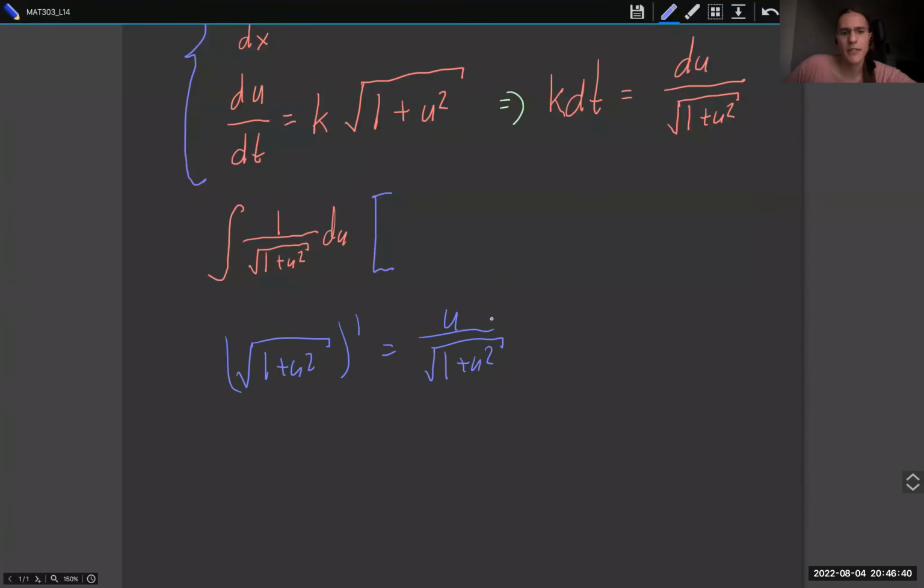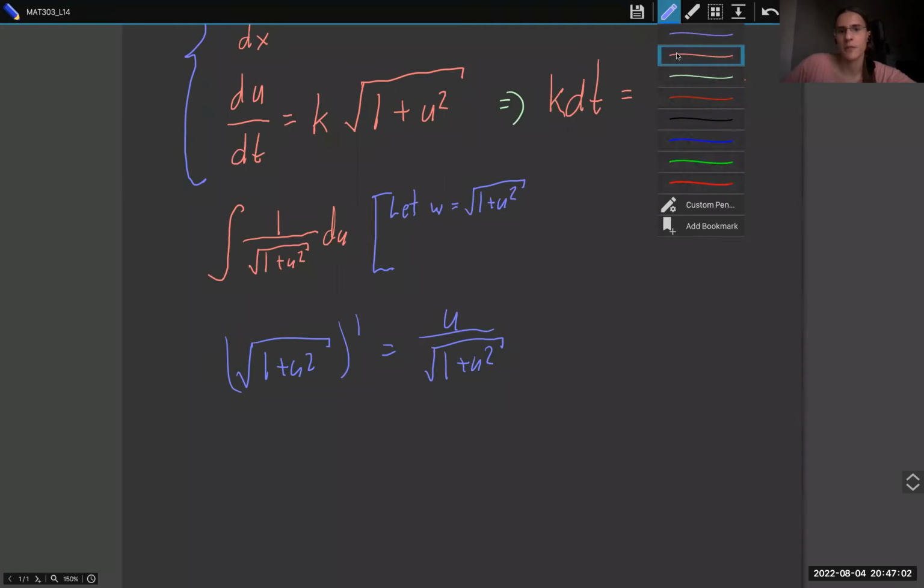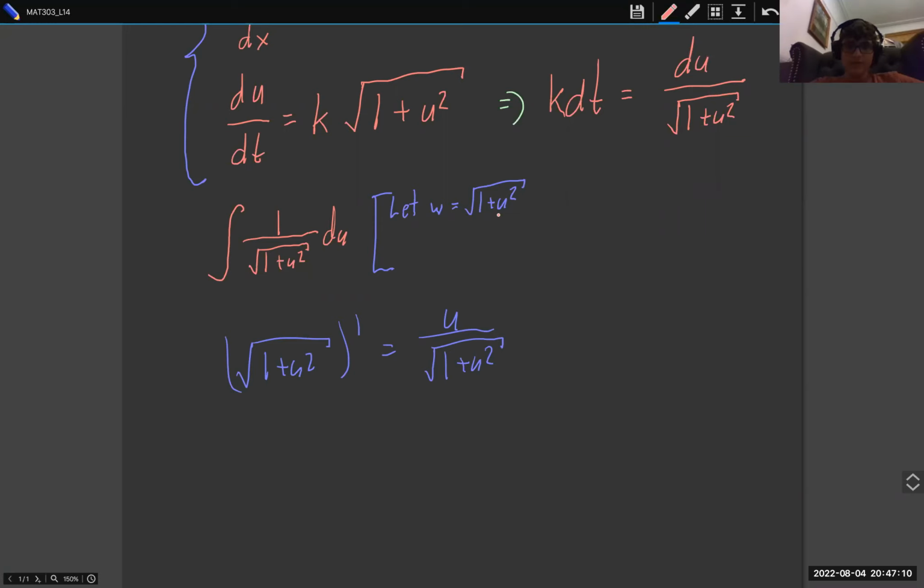But now if I let w equal square root 1 plus u squared, then what is u equal to in terms of w? Square root w squared minus 1. Yeah, it appears that this substitution might be less helpful than I thought.